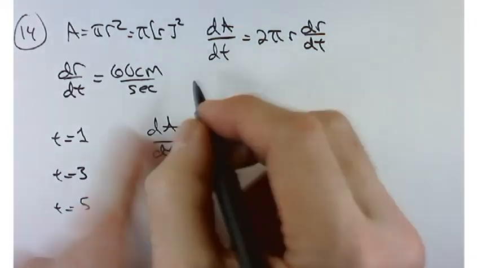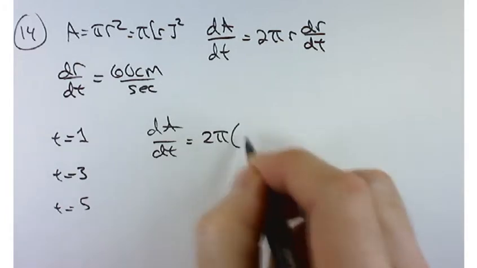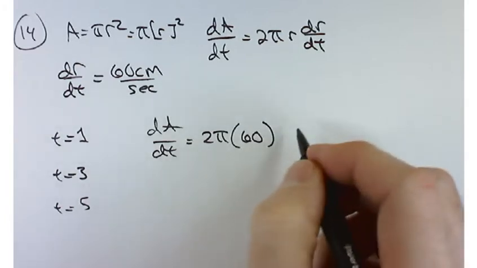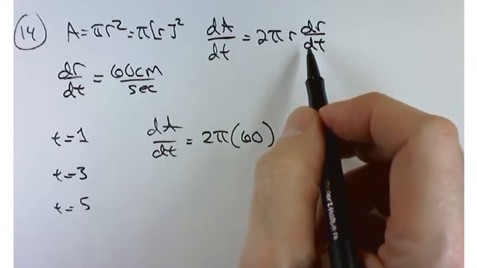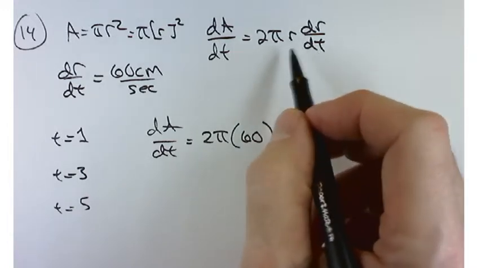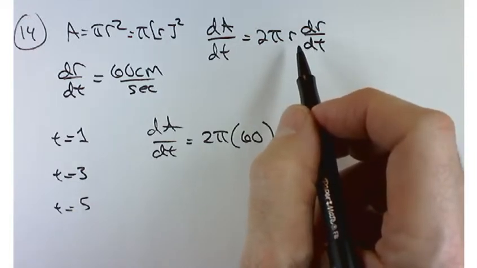After 1 second, the radius is going to be 60. So 60. I guess that kind of gets lumped in together here. I'm a little bit bothered by that. I was dr by dt. Radius is 60.